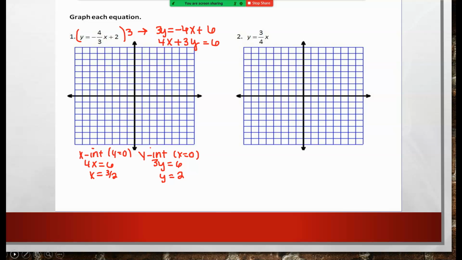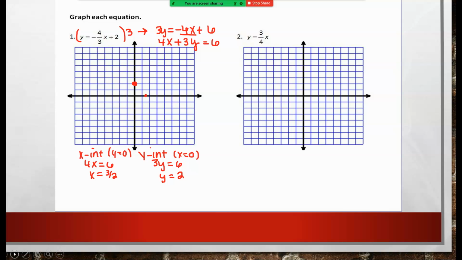So my y-intercept is at 0, 2. We oftentimes used to use the y-intercept in the past as our starting point. So y-intercept should be very familiar to you. Now, at this time, you could either plot your x-intercept. So you could plot 3.5, 0. It was -4 right here.